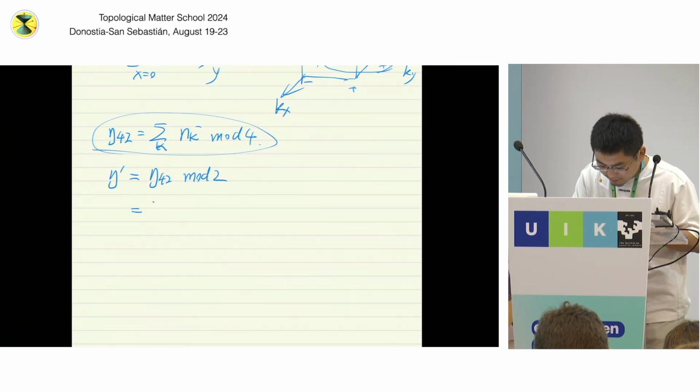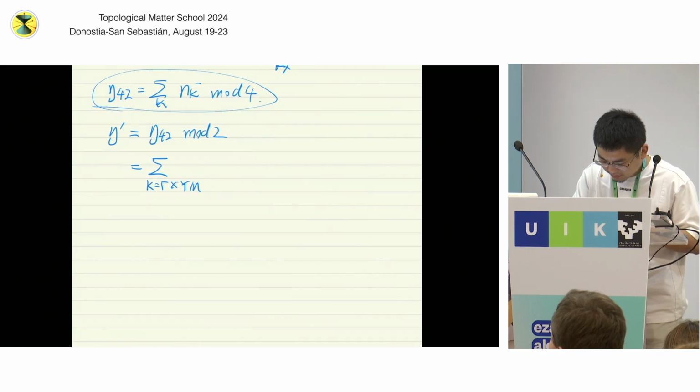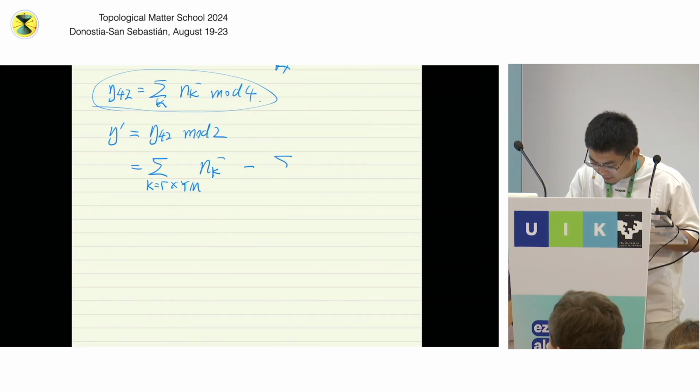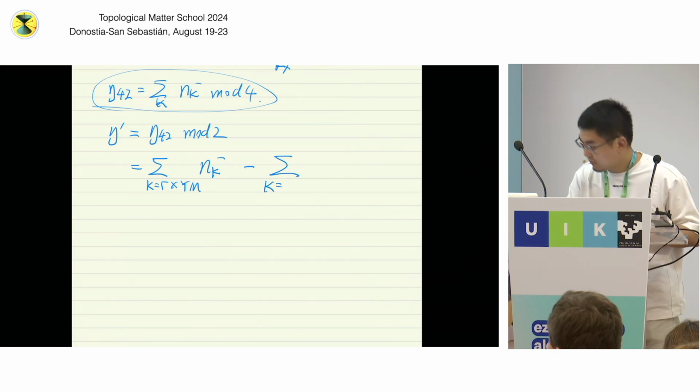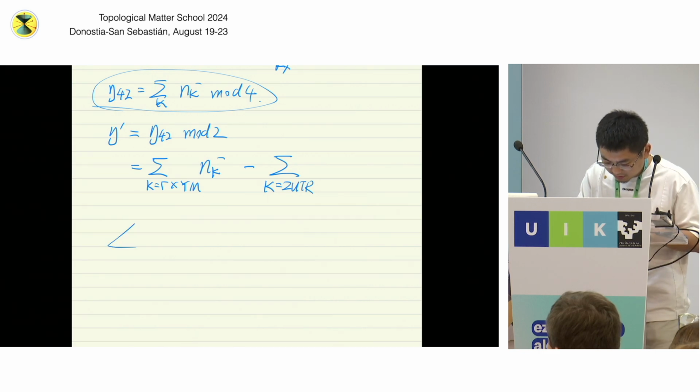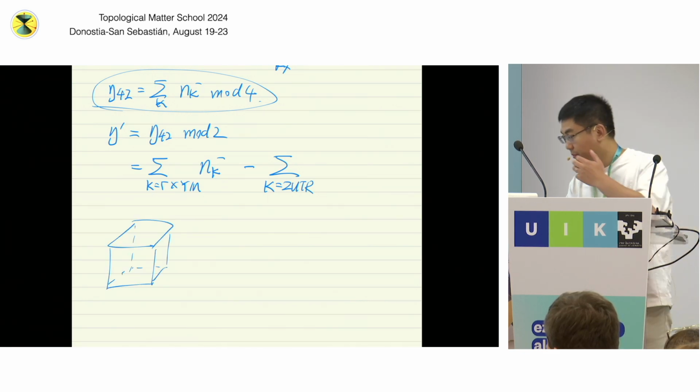So it can be written in this form: sum over k equal to Gamma, X, Y, M of n_k minus the sum over k in Z, U, T, R. Let me explain the notation. Z, U, T, R are basically the momenta at the kz equal to pi plane.